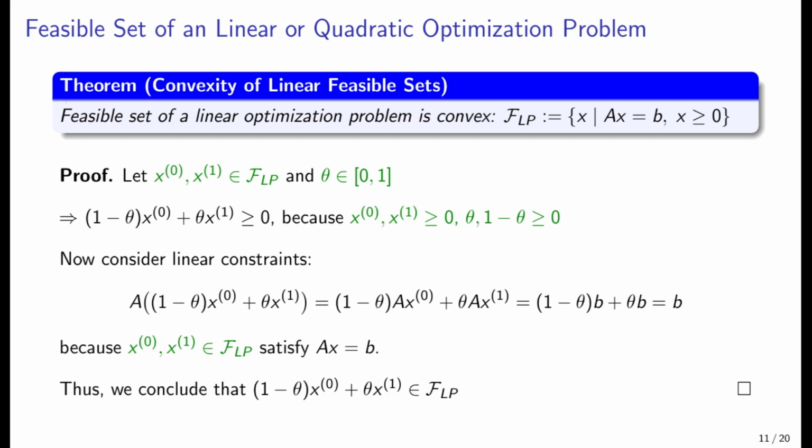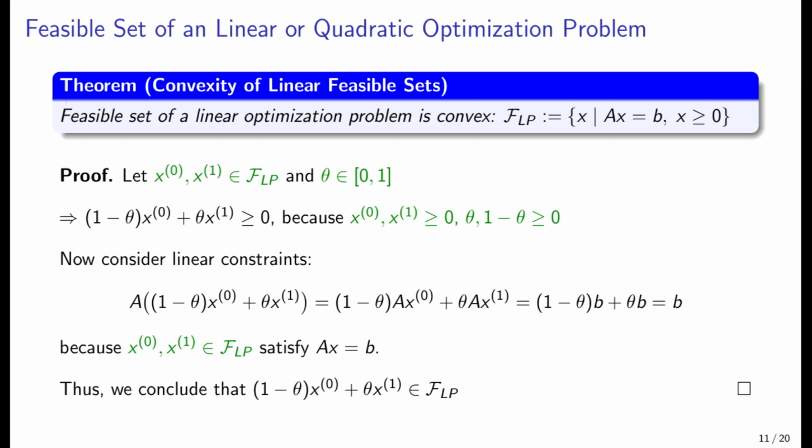And then because these 2 points are inside my feasible set, Ax0 and Ax1 are b and b respectively. And then I have terms (1 minus theta) b and plus theta b that conveniently cancel, so I'm just left with b.